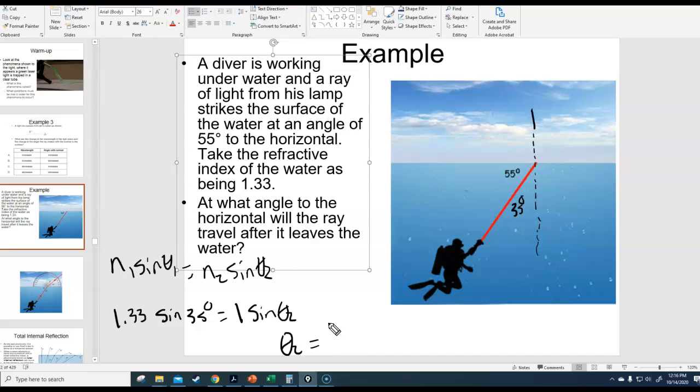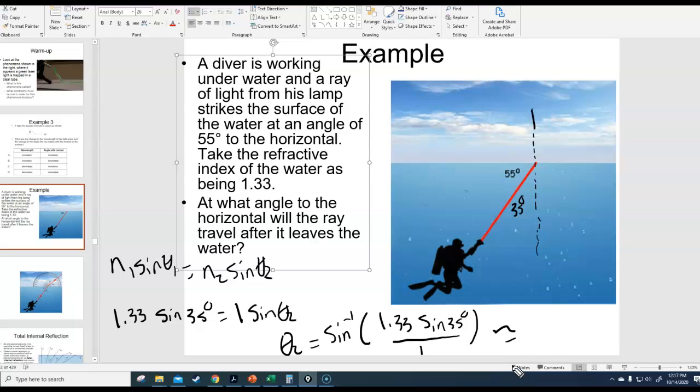So theta 2 is going to be the inverse sine of 1.33 times sine of 35 degrees divided by 1. Please make sure your calculator is in degree mode when you do that calculation.